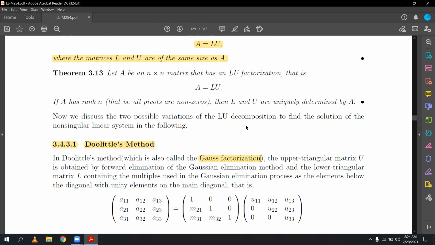As I said, you need to find the elements of L and U. L should be the unit lower, and U is a complete upper triangular matrix. To find the elements of L and U, we have two ways. In the case of Doolittle, the first way is called the direct multiplication.